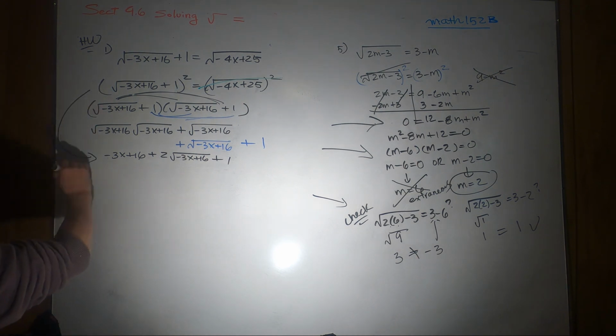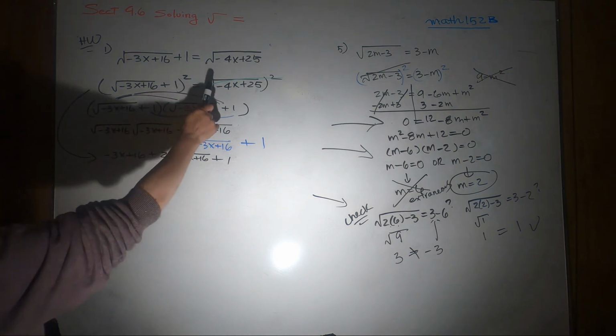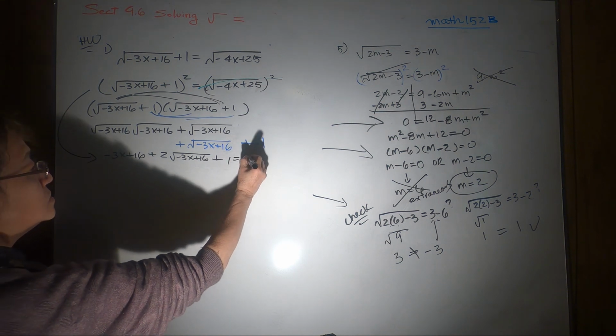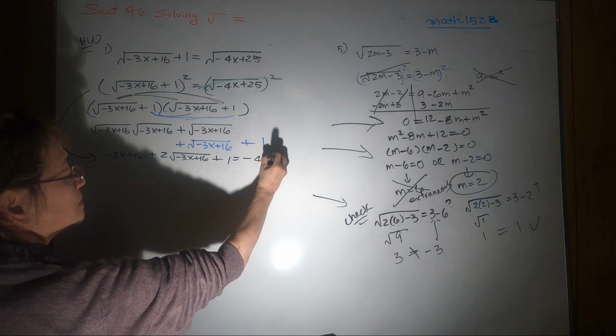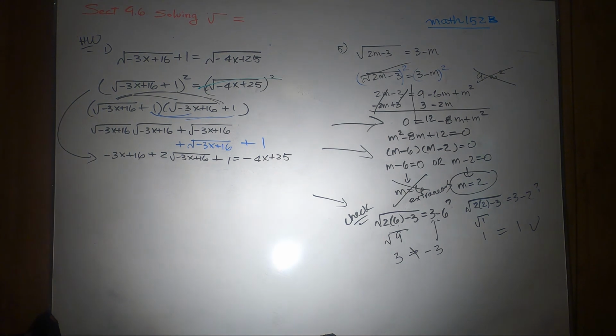So from here, you have this. Then on the right-hand side, the radical will go away like this, right? So when you have two radicals, when you square both sides, you can only get rid of one of them. You only get rid of one of them at a time. Okay?